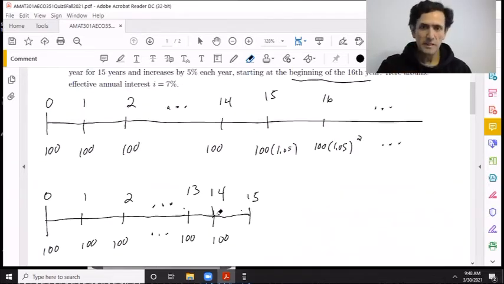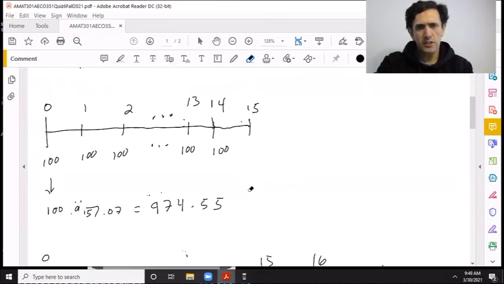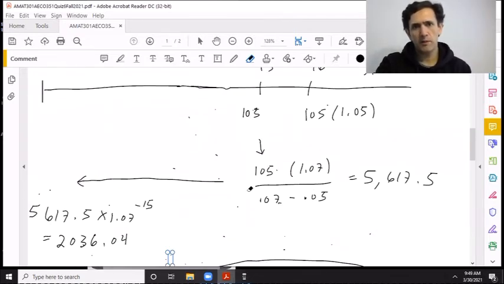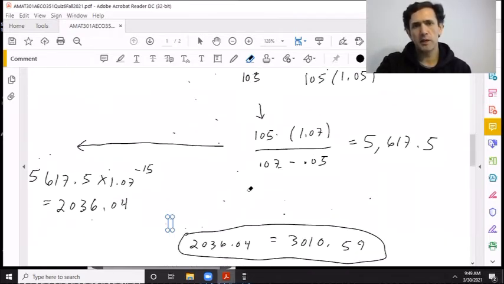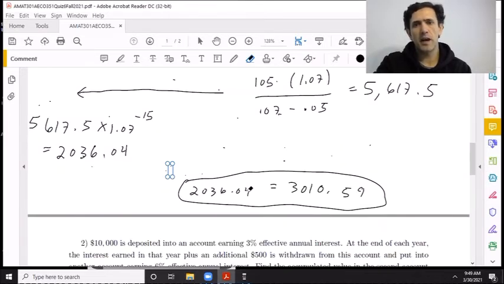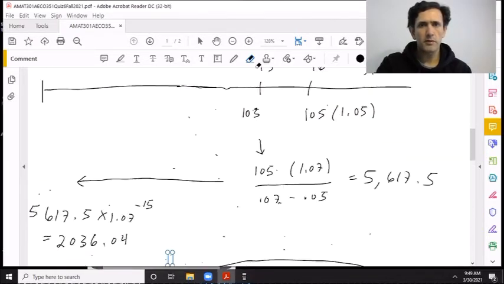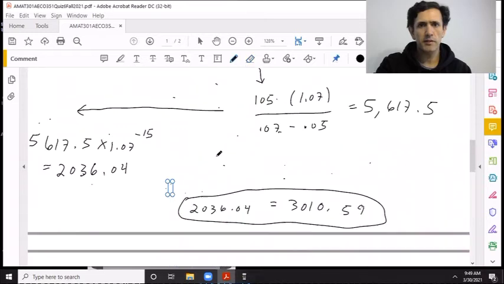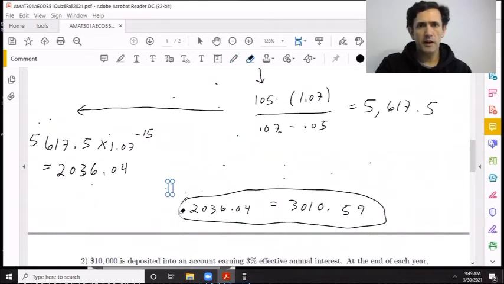So, and again, just tips to get the problems you really should be able to get correct on exam FM. Whoops, sorry. Did I erase that for 97.55? 974.55.